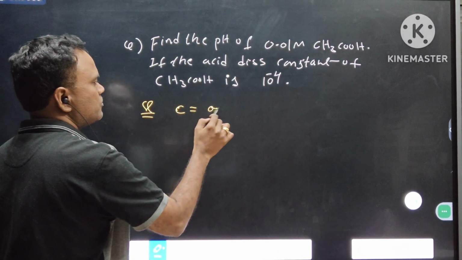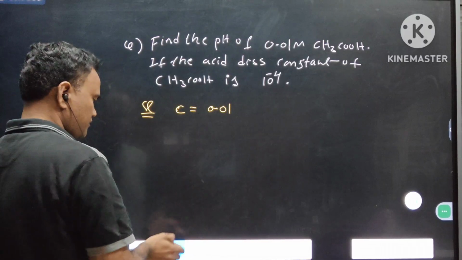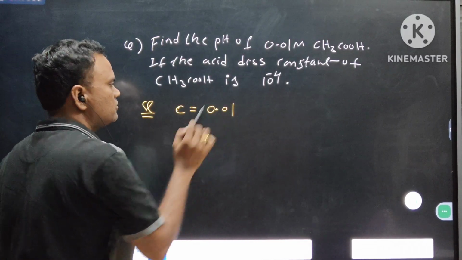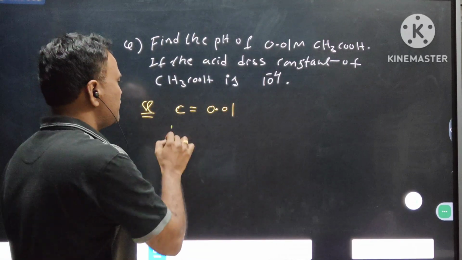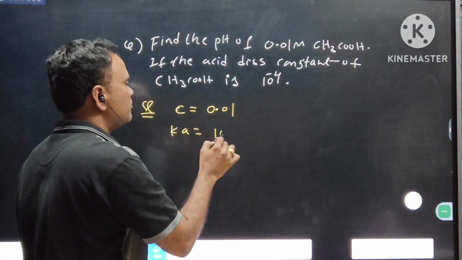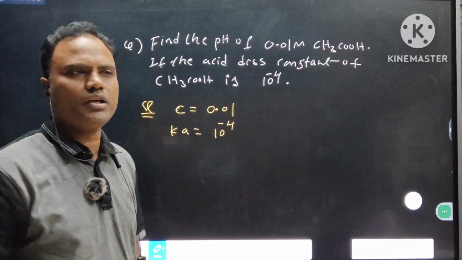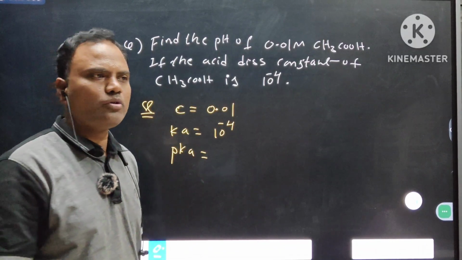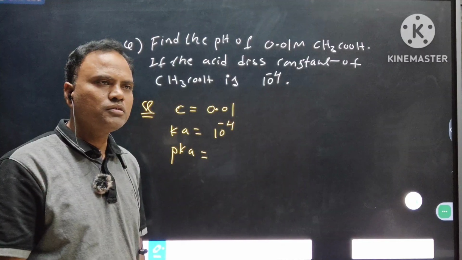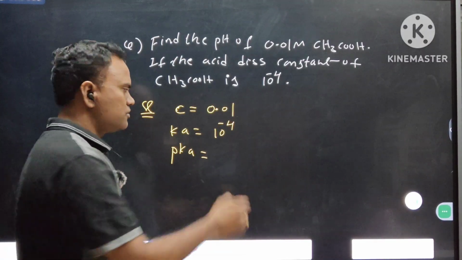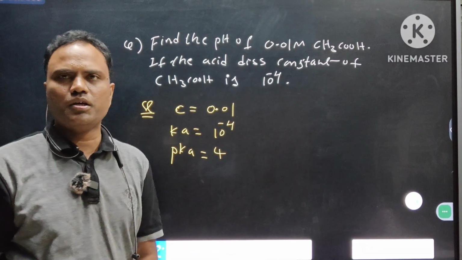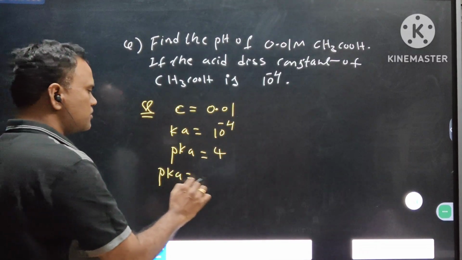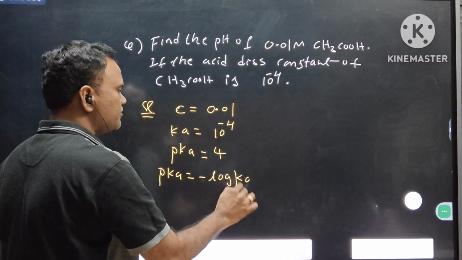Concentration of the acid is 0.01. Ka is equal to 10 to the power of minus 4. Then what about the pKa value? If Ka is 10 power minus 4, then pKa is 4, because pKa is equal to minus log Ka.